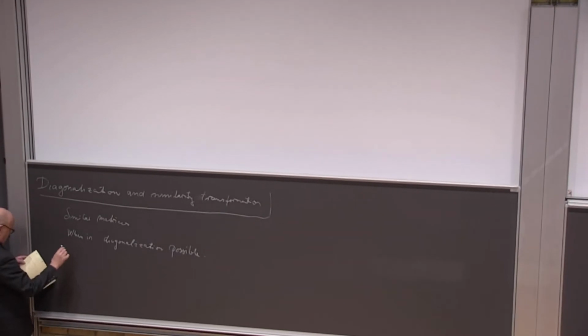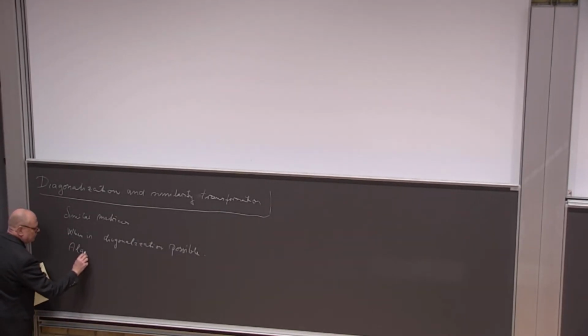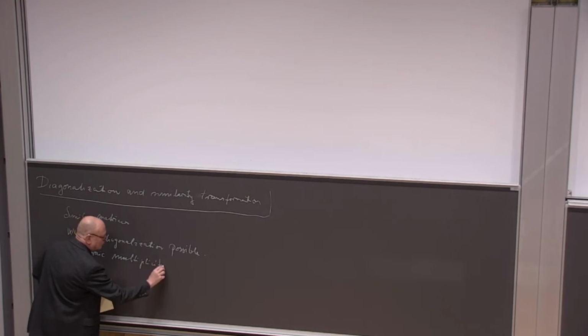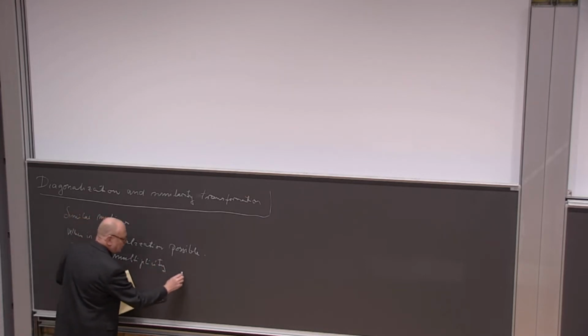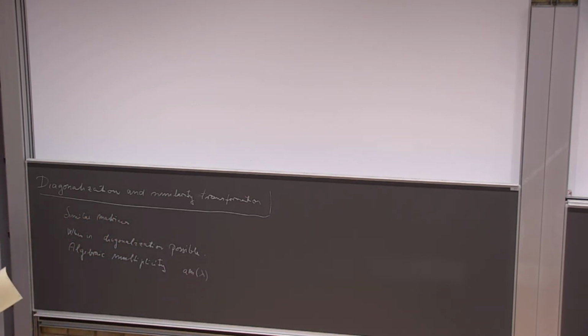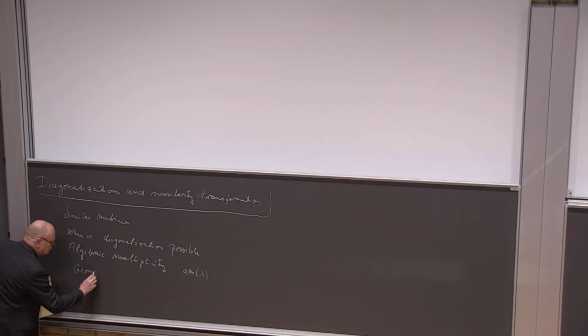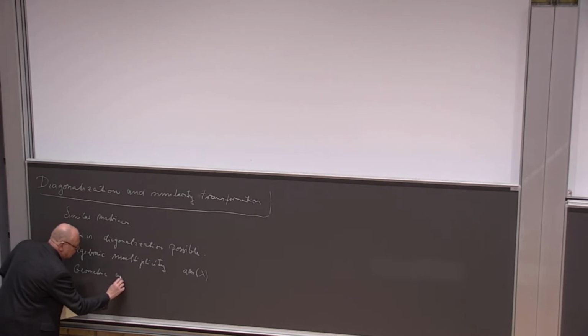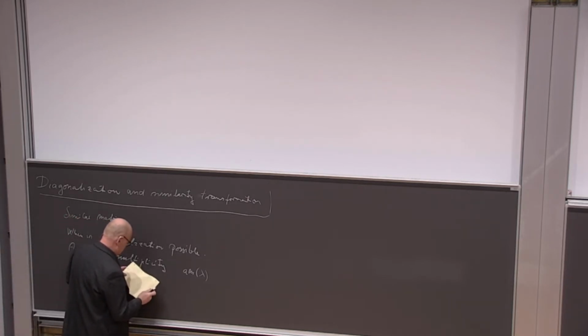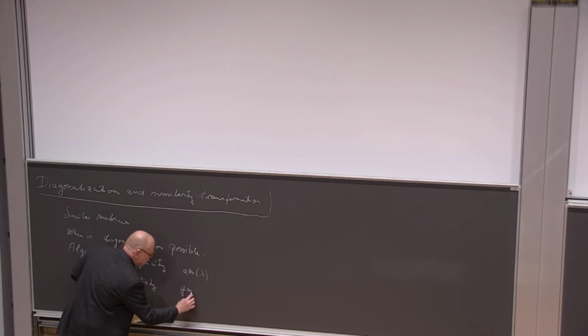And then I will discuss algebraic multiplicity, and this is called algebraic multiplicity of a given eigenvalue, and also geometric multiplicity, and this is denoted geometric multiplicity.